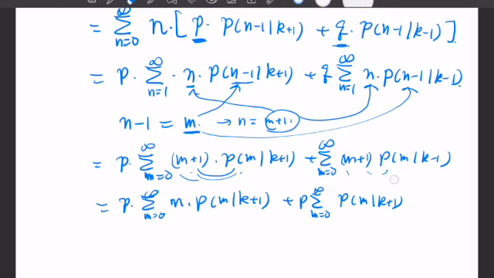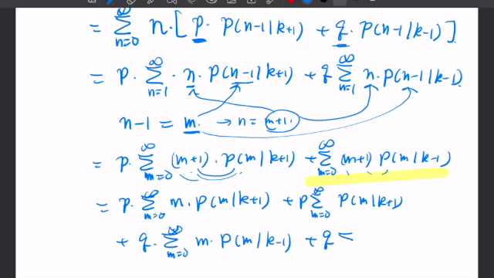And for the second summation, we have similarly q times the sum over m from 0 to infinity of m P_m given k minus 1 and q times the sum from 0 to infinity of P_m given k minus 1.